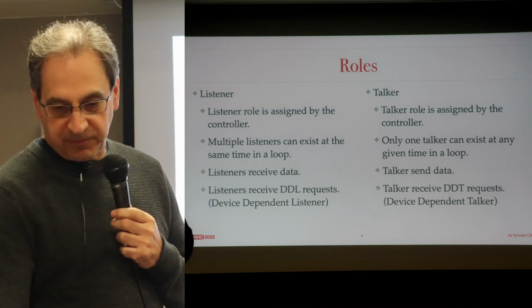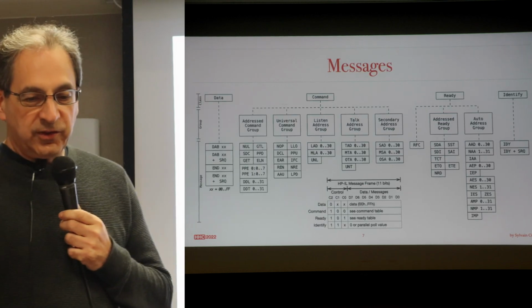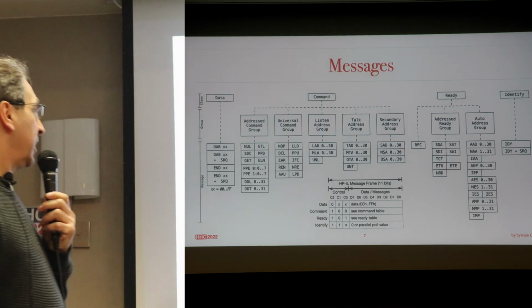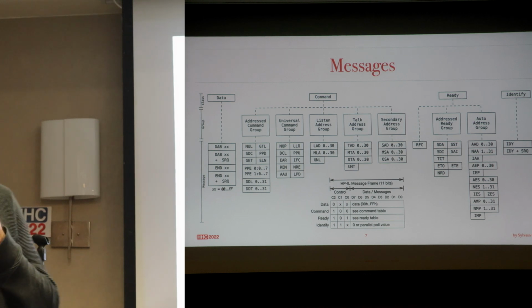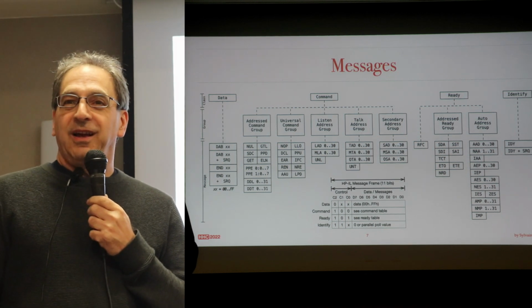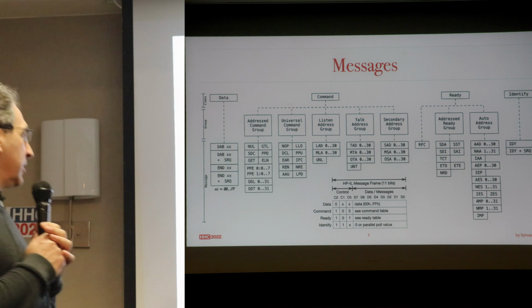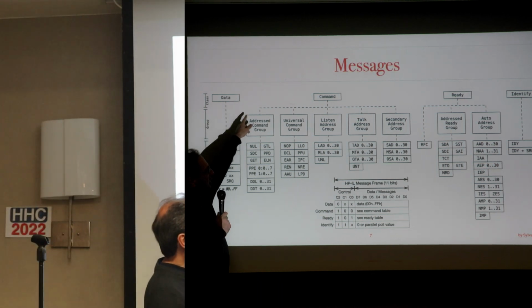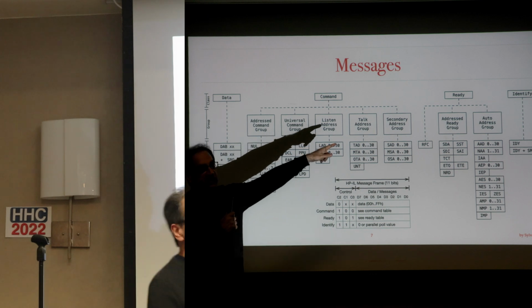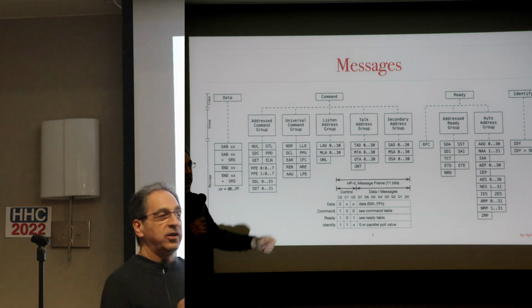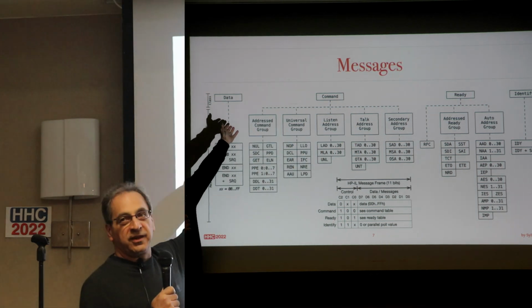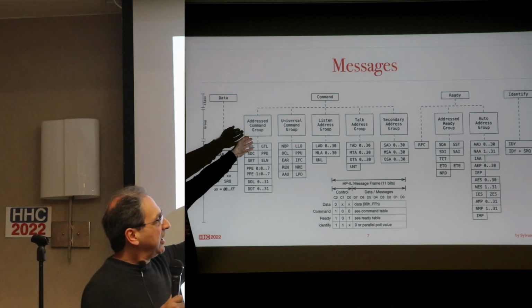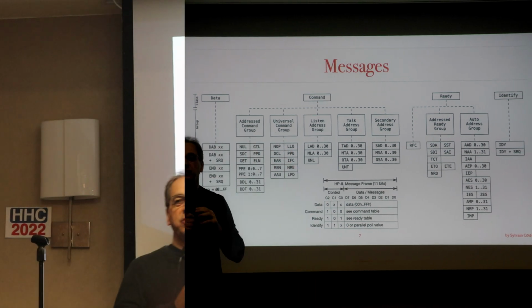That's the basics. This is all the messages that the HPIL implements. It's in 4 parts. You have the data message, you have command, ready, and identify. Basically, the data is to send data. That's easy. Identify is normally to check.